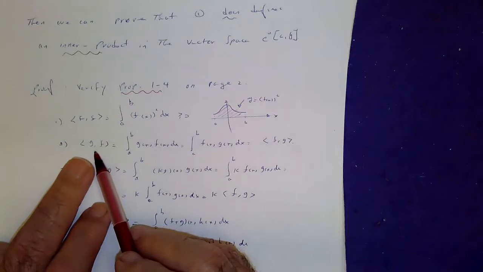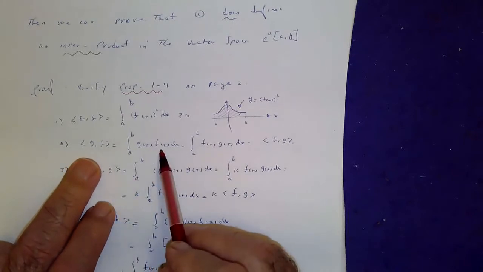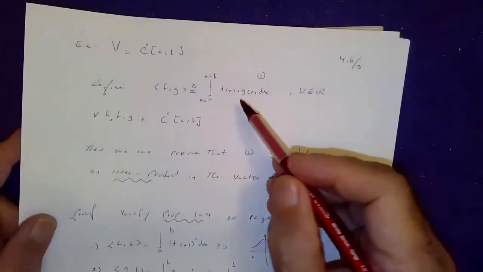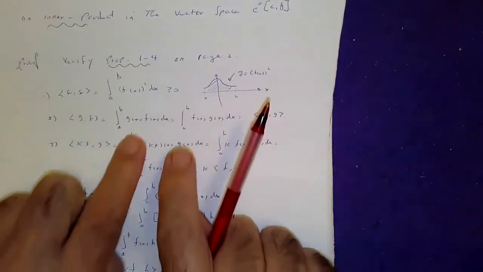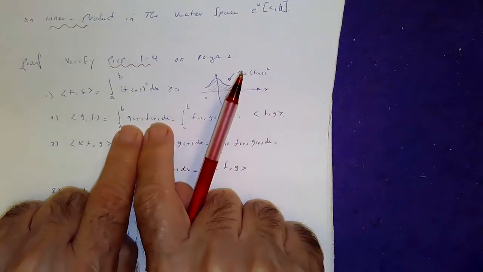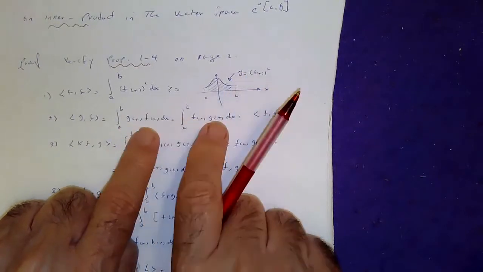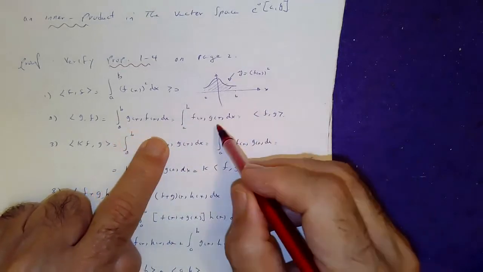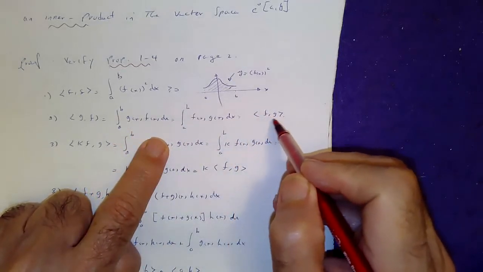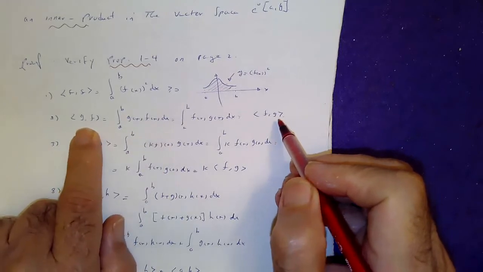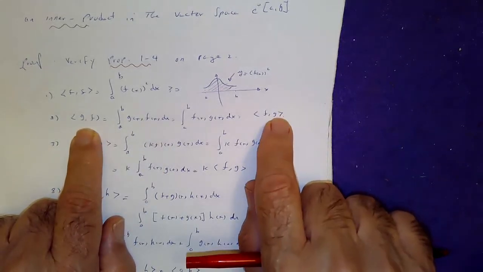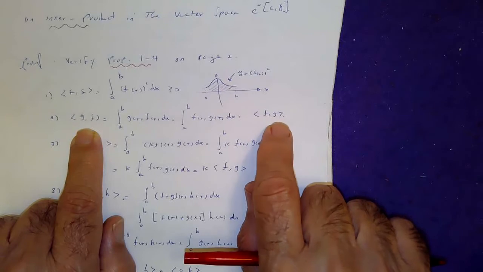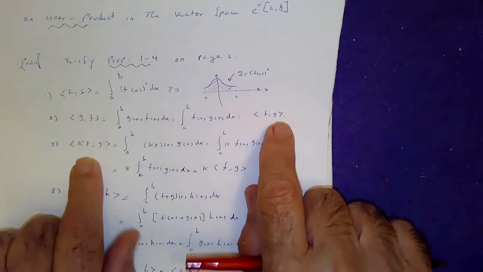If we take the inner product of g with f, this is how the inner product is defined. That was given in the problem. But due to the properties of integrals, because these are real-valued functions, I can switch these around, and that would be exactly the same as the inner product of f with g. So the inner product of g and f is the same as the inner product of f and g, which proves the symmetry.